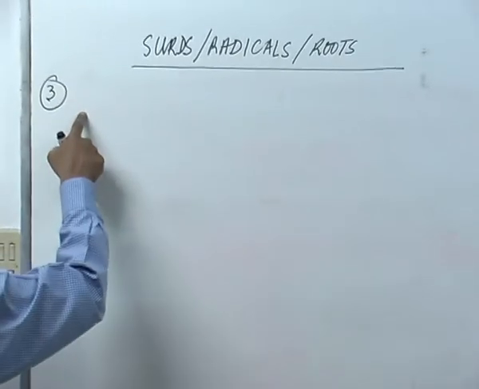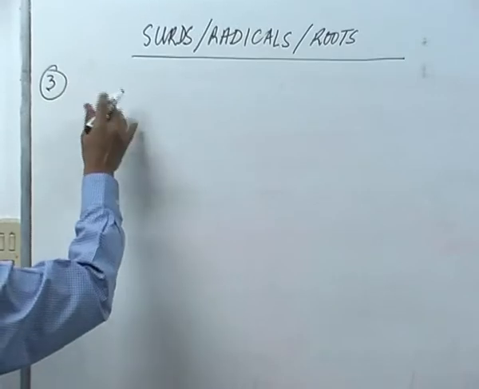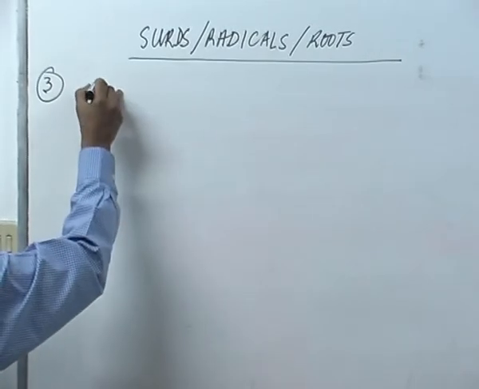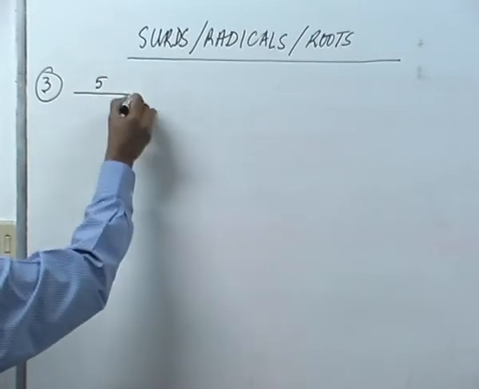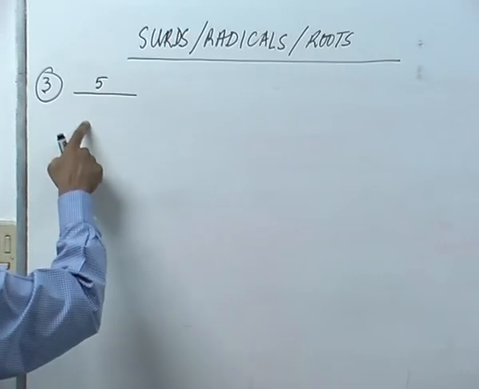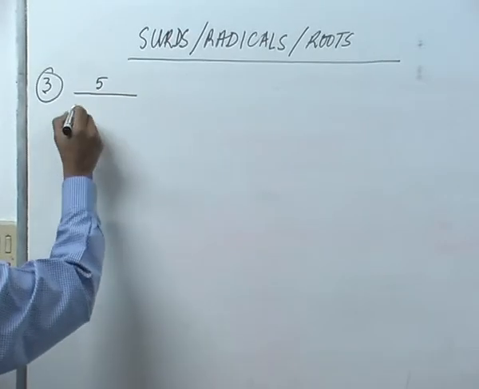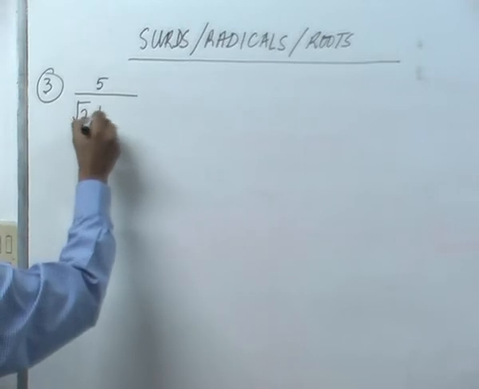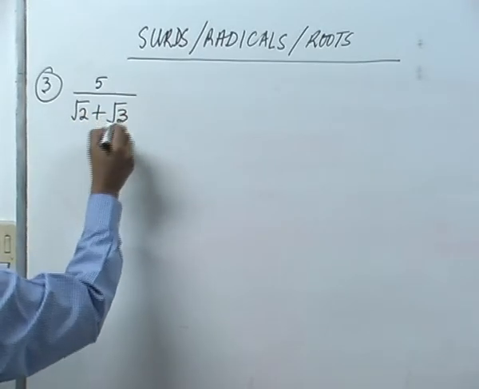Alright, we're doing number 3. Now, don't worry about what I wrote before. We're doing this example here. Suppose we had 5 over square root of 2 plus square root of 3.